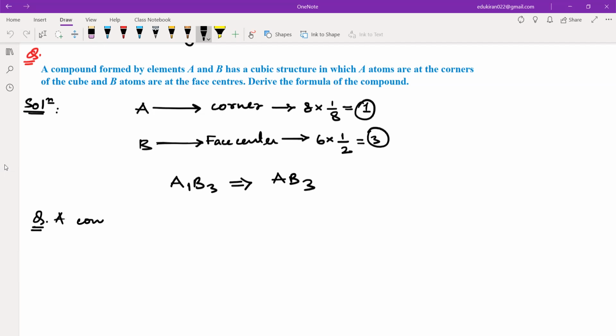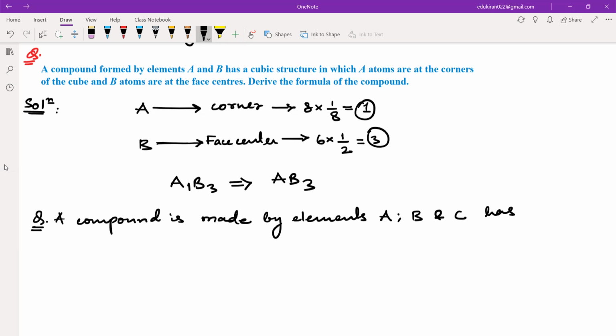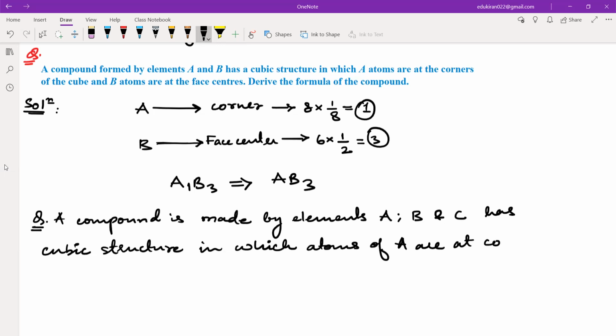A solid compound is made by elements A, B, and C. A, B, and C has a cubic structure in which atoms of A are at corners, B at face centers, and C at edge centers.